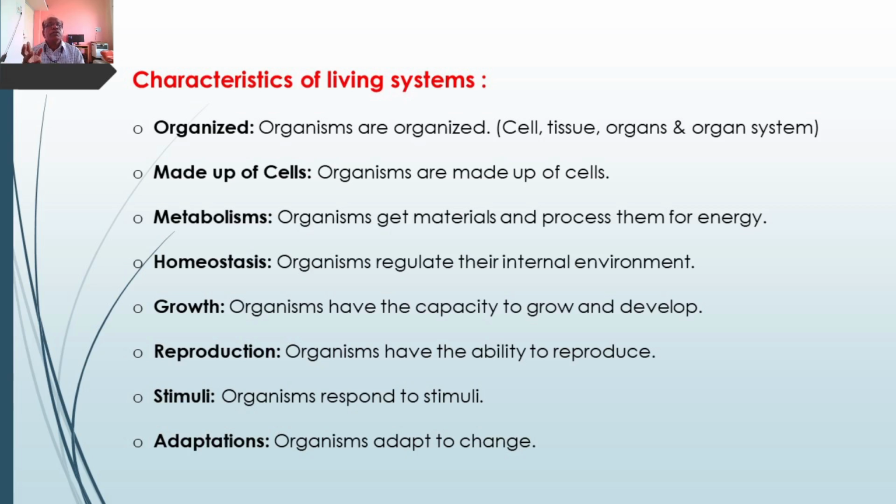So organisms, they can propagate, they can continue, they can reproduce the individuals of the same species by themselves. So this is also the ability or the important characteristics of the living system or the organisms to undergo growth, to undergo reproduction. So organisms are capable of reproduction.